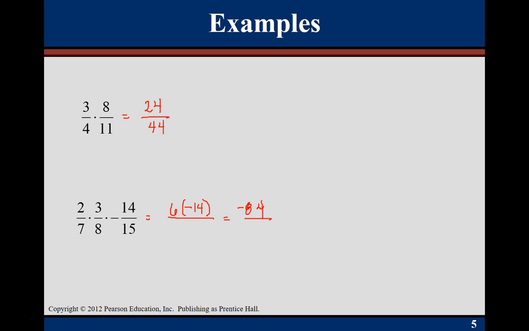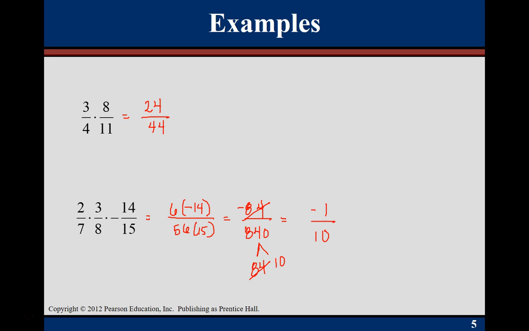In my denominator, 7 times 8 is 56, and 56 times 15 is 840. We can simplify this since 840 is 84 times 10. I would be able to divide out both of the 84s and be left with a negative 1 over 10.